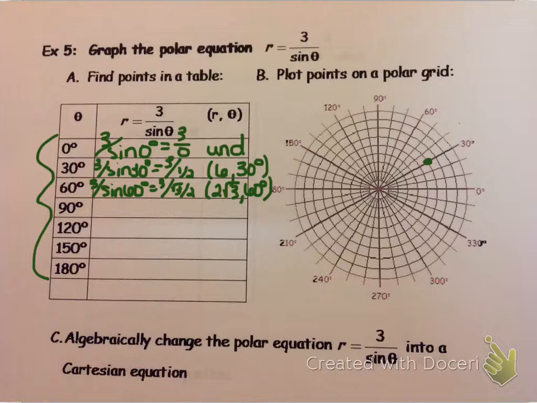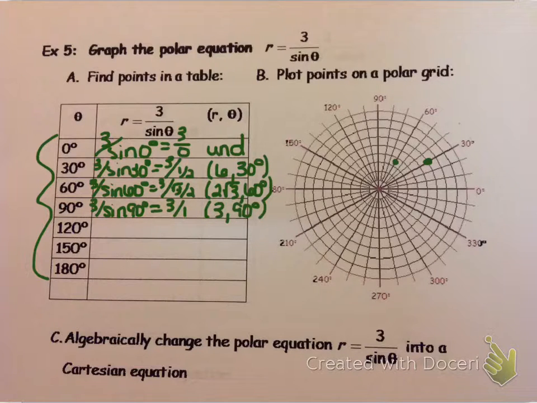So 1, 2, 3.5, somewhere right around there. And then you would do sine of 90, which is 3 over 1, so you would get 3 at 90.